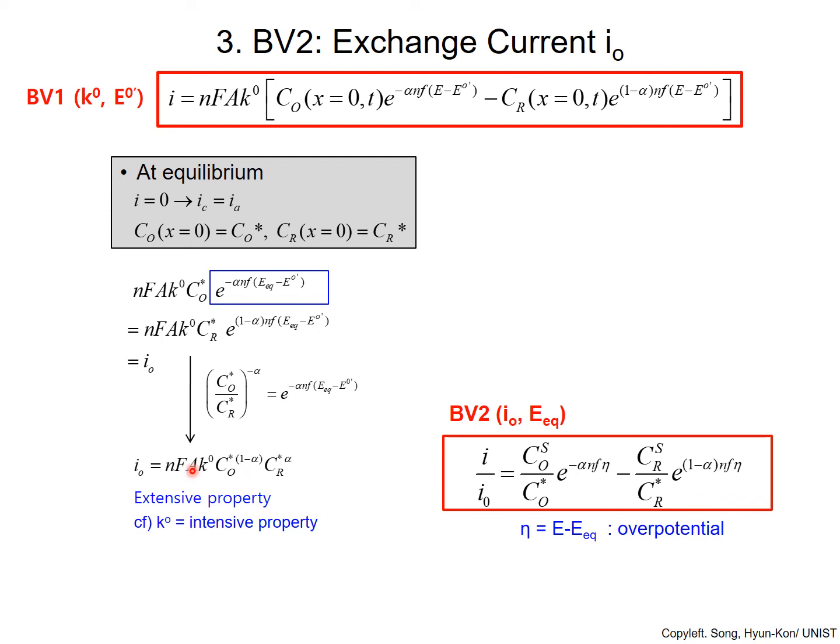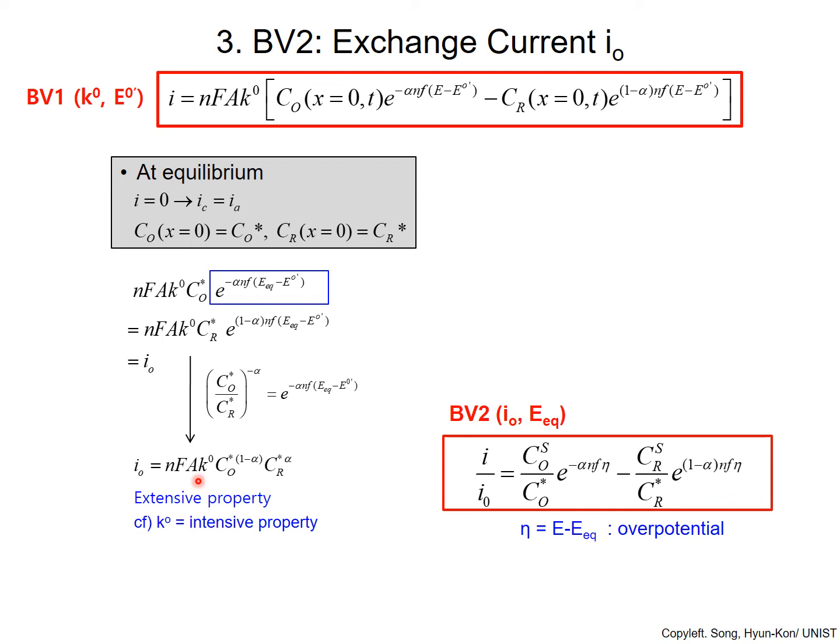So usually the standard rate constant is used as the intrinsic property of your electrochemical reaction. However, the exchange current has information about your system size. Anyway, right now we have defined the exchange current, and it can be described by this one, the other one, the last one.